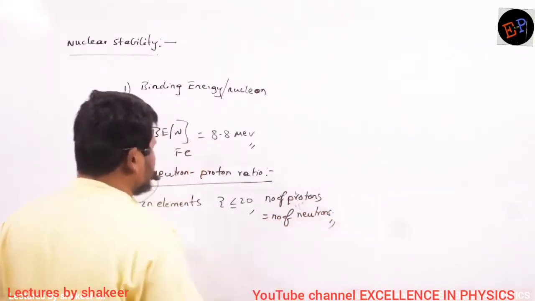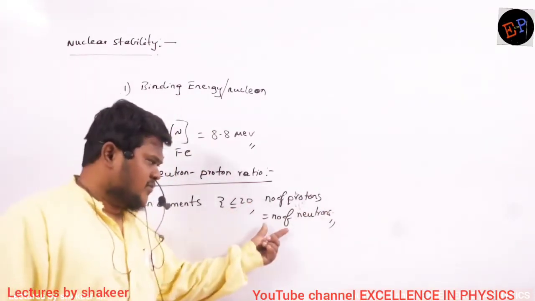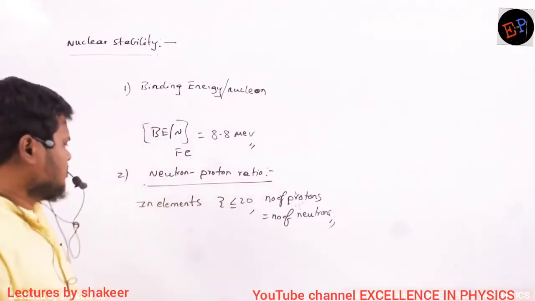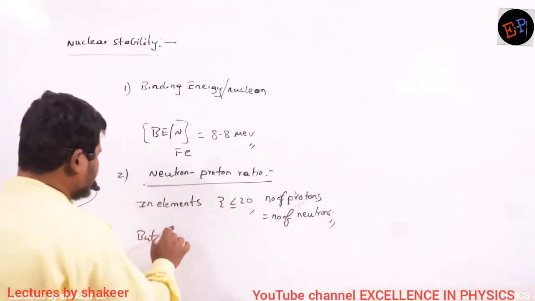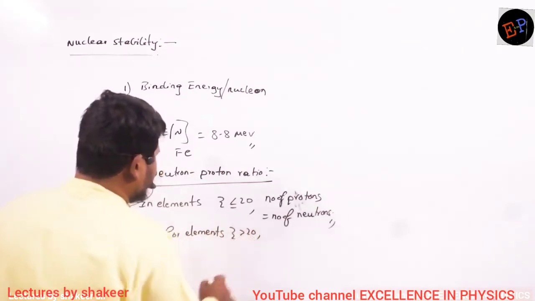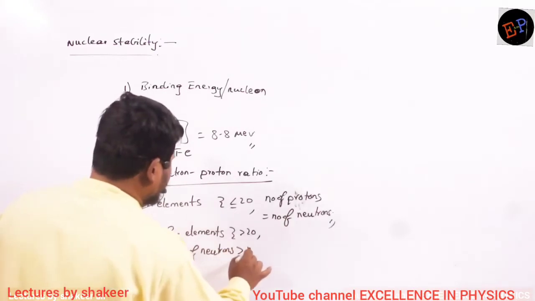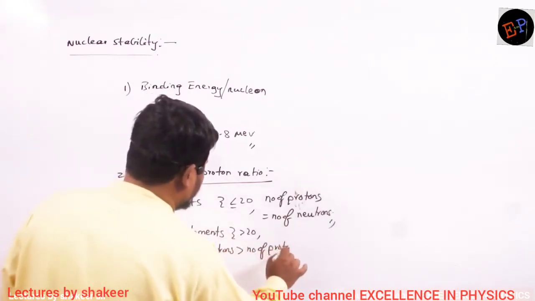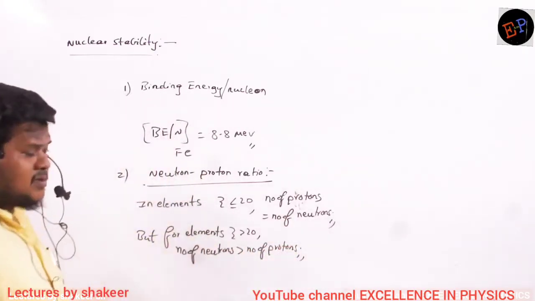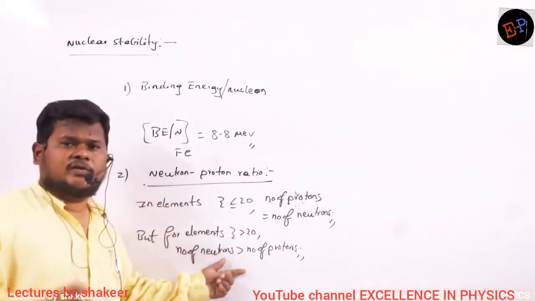So for elements whose atomic number is less than 20, the number of protons and neutrons are almost the same. But for elements whose Z value is greater than 20, the number of neutrons will be greater than the number of protons. So the neutron number will become very large when compared to the number of protons. So this is again to obtain stability of the nucleus.